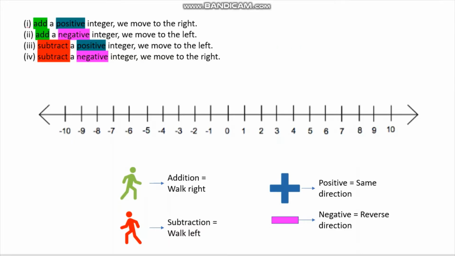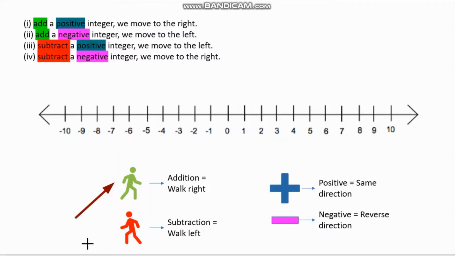Okay, so to understand each of these cases better, let us divide each of these scenarios into two parts. The first part is we either have to add them or subtract them, right? So whenever we are adding something, let us imagine that as walking to the right on the number line.